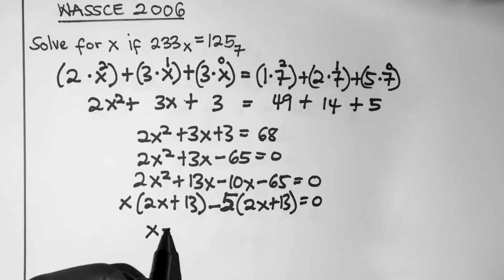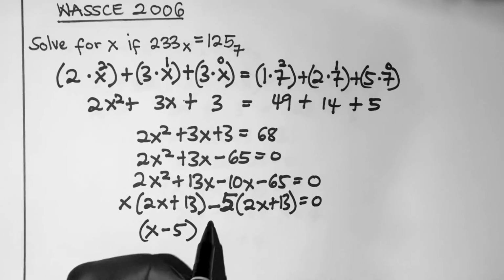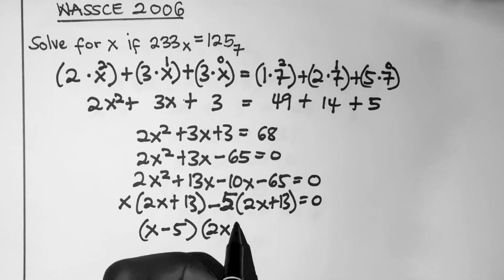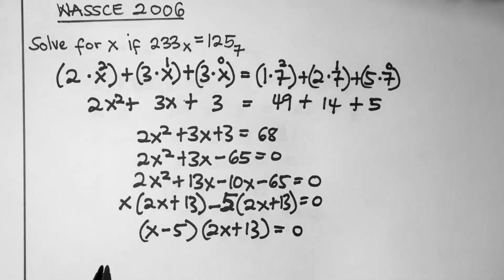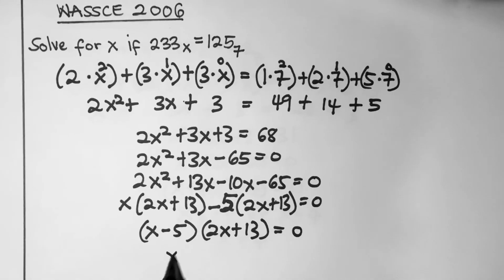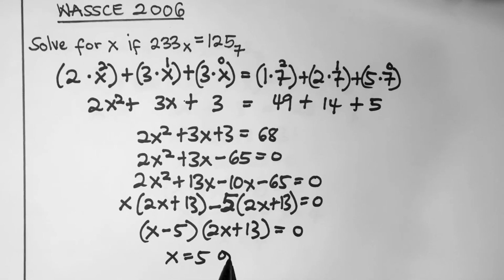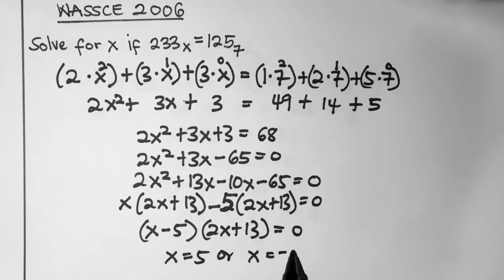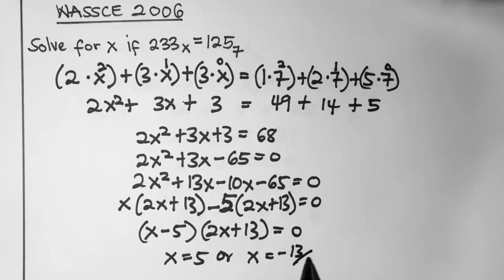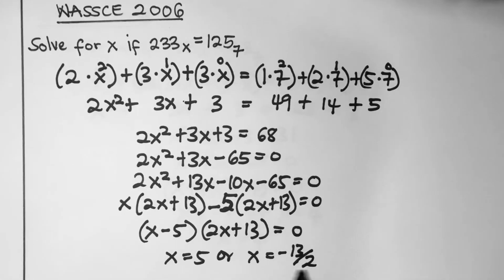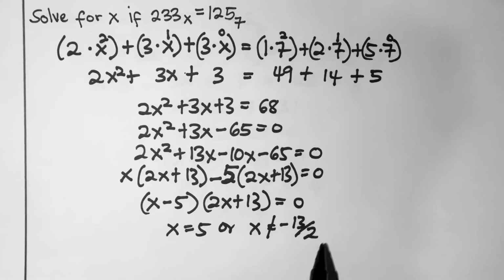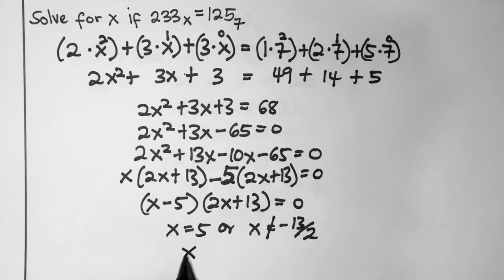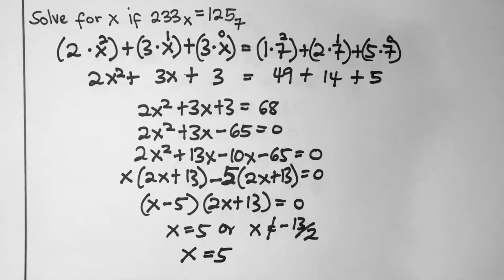So in one bracket, we have x minus 5, then in another bracket, we have 2x plus 13 equals 0. So the values of x are x equals 5 or x equals minus 13 over 2. Just as we established previously, we don't allow negative values as base, and therefore x cannot be negative 13 over 2. So the true value of x is x equals 5.